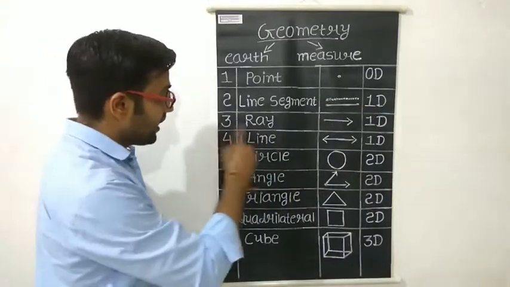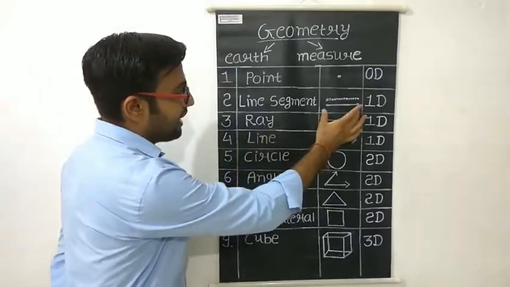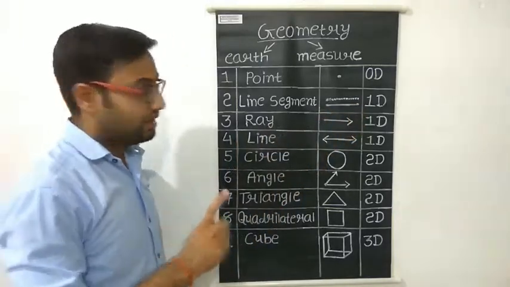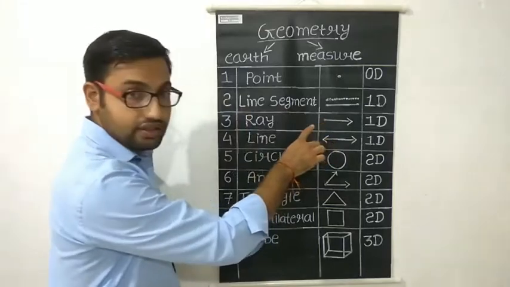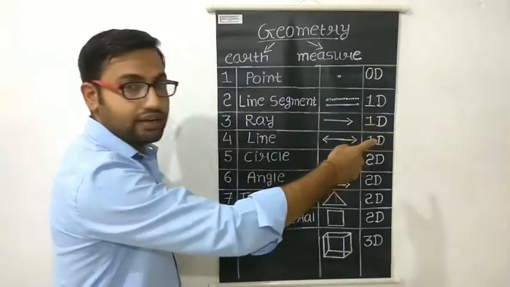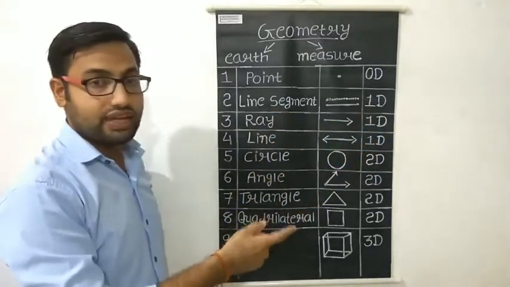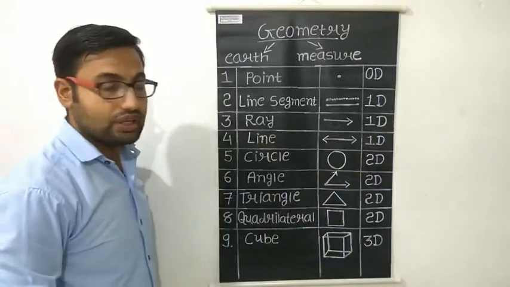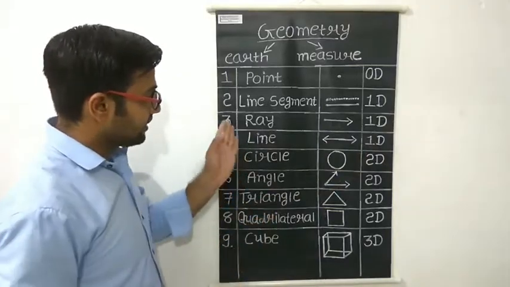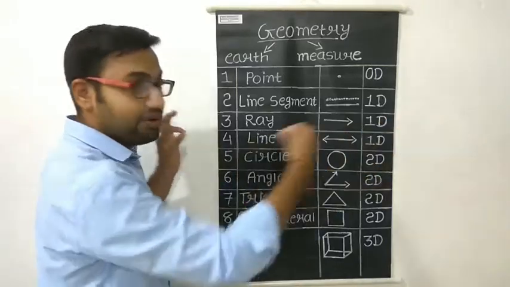Okay. Now the next terminology is a ray. Now what is a ray? A ray is a kind of line segment, but one point is fixed, like this point is fixed, but on the right hand side this line segment is continuing itself. That means there is no end at the right hand side. So how can we draw that kind of ray, which has one end point and on the other side we don't know?